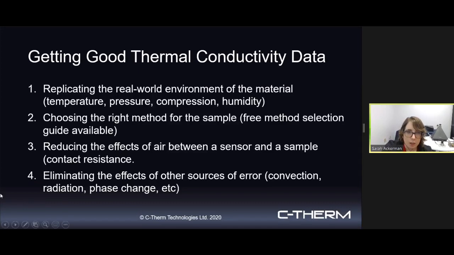So all four of those are very key in terms of making sure you're taking those into account when you're collecting your data to make sure your data is applicable to the material and the situation at hand.